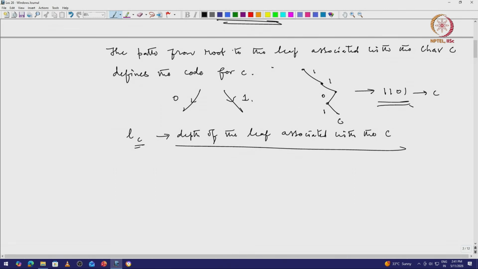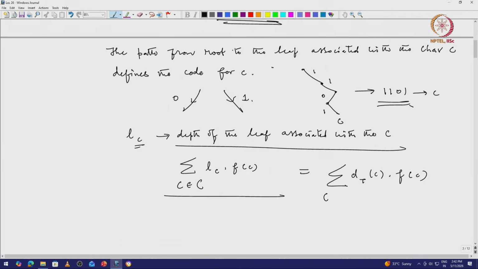So the formula sigma L of C times f of C, C belonging to the character set, can be written in an equivalent way: sigma of the depth in the tree of character C times the frequency of C, C belonging to the character set.